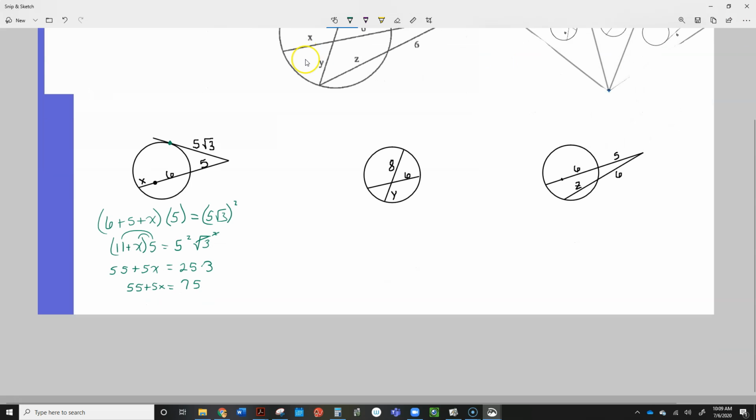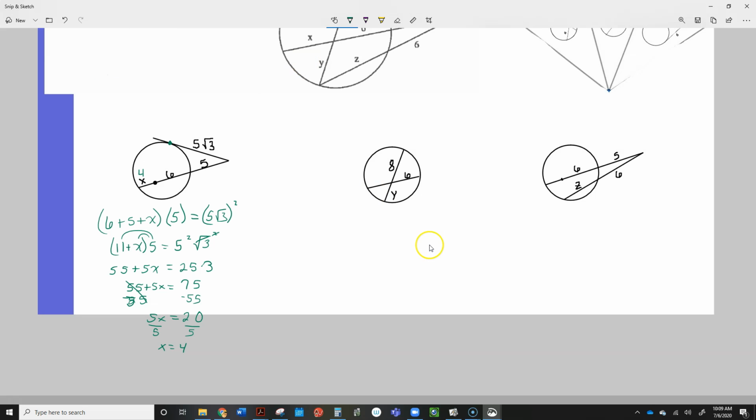All right. Now I'm going to solve for x, so subtract 55 from both sides, and that leaves me 5x is equal to 75 minus 55, that's going to leave me 20. Divide both sides by 5, and I get x is equal to 4. So this right here is 4.